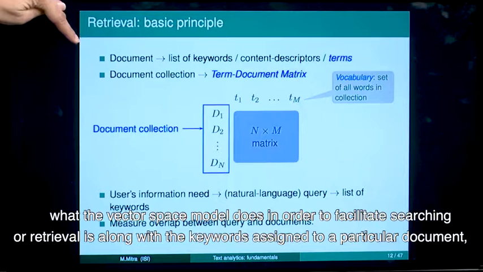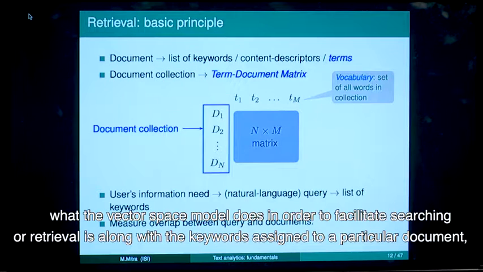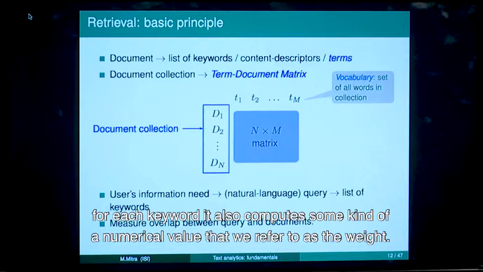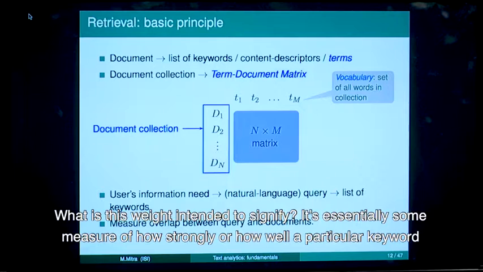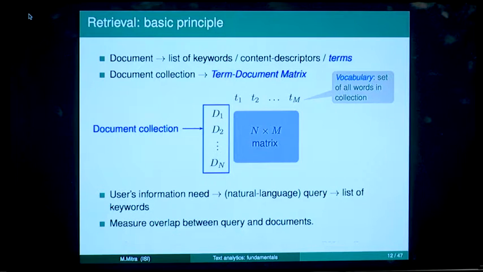What the vector space model does, in order to facilitate searching or retrieval, is, along with the keywords assigned to a particular document, for each keyword it also computes some kind of numerical value that we refer to as the weight. What is this weight intended to signify? It is essentially some measure of how strongly or how well a particular keyword represents the content of a document.